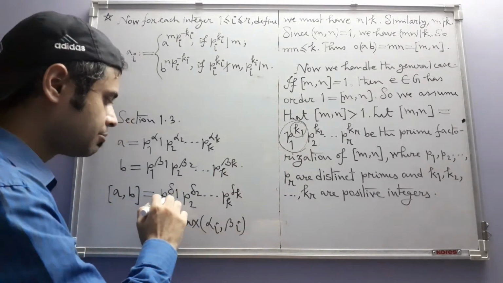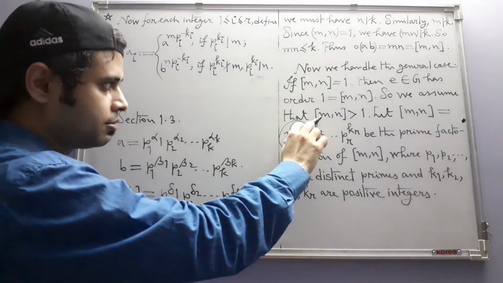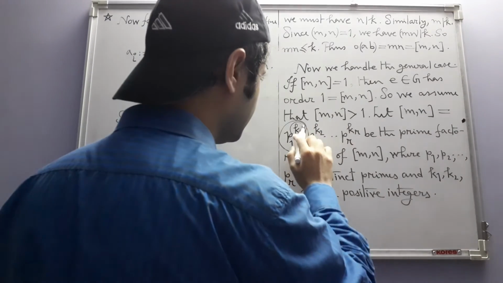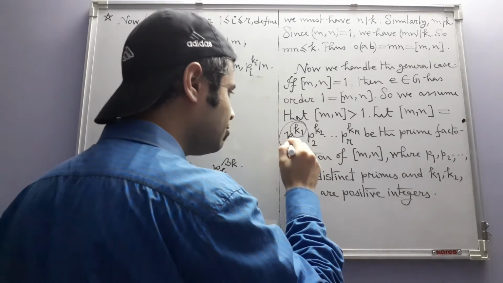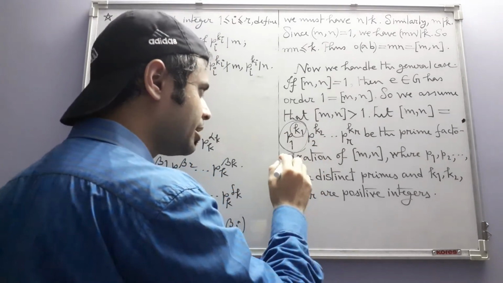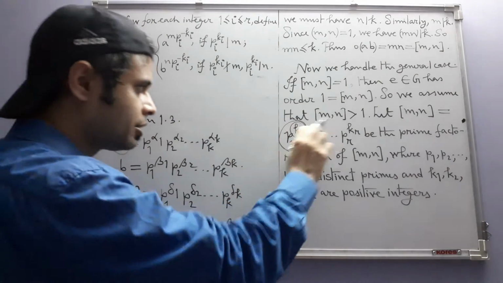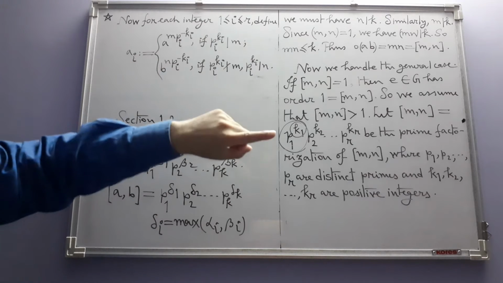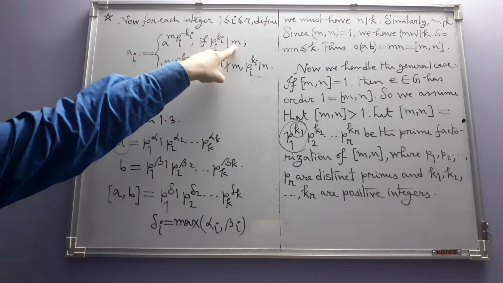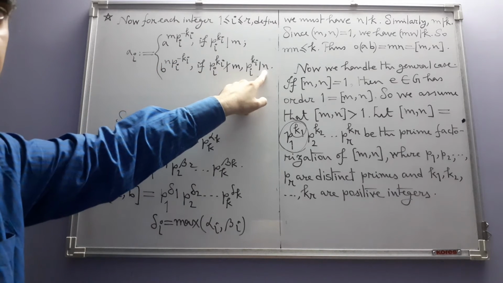The bigger power will appear in the LCM. I hope you can understand, p1 to the power k1 appears either in the prime factorization of m or in the prime factorization of n. That's why p1 to the power k1 either divides m, or in case it does not divide m, it has to divide n.